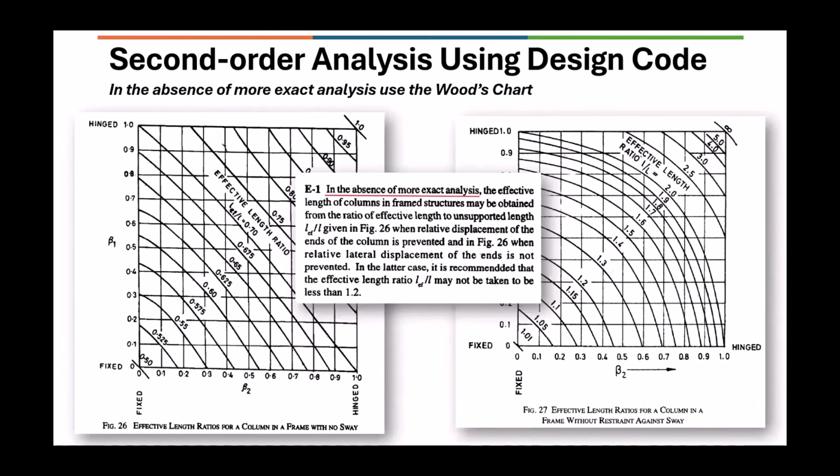So we have been using the indirect approach through the design, like by calculating the effective length factors using the Woods chart given in the IS 456. Right, it states that in the absence of more exact analysis, when you do hand calculation, we will not be able to do this.